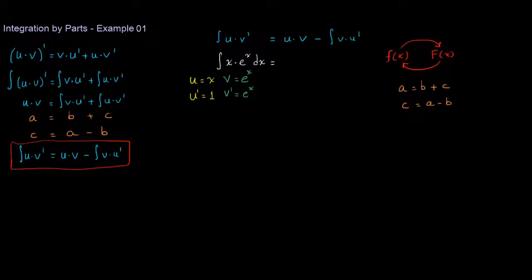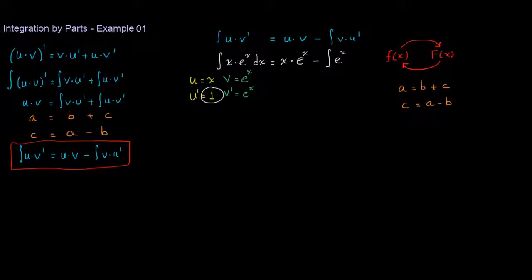So let's just locate in each piece where it belongs. It's going to be u, which will be equal to x, and this u. Now it will be v, which is this e to the x. It will be minus the integral of v, which is again e to the x, times u prime.